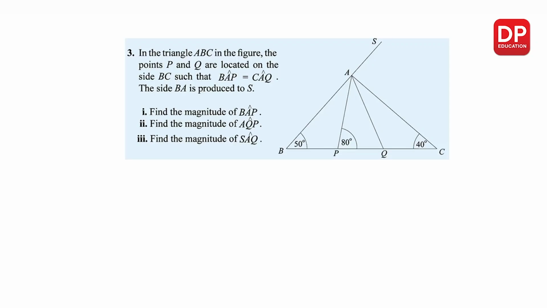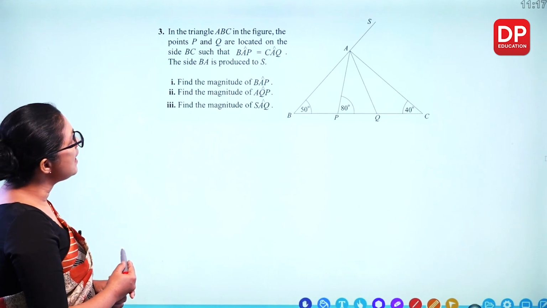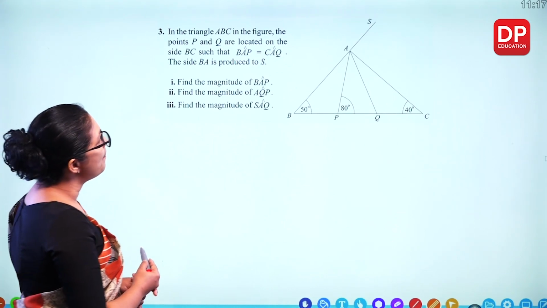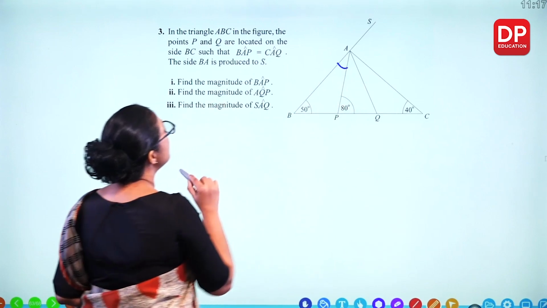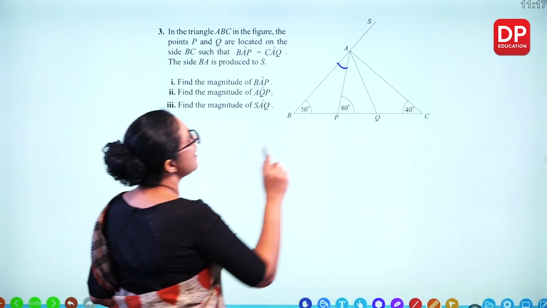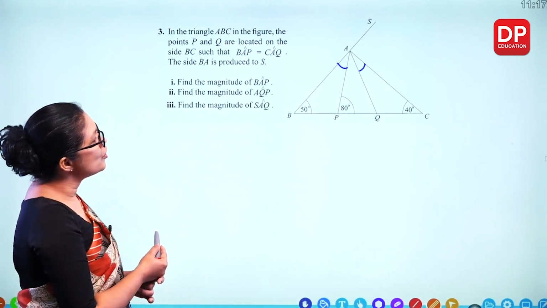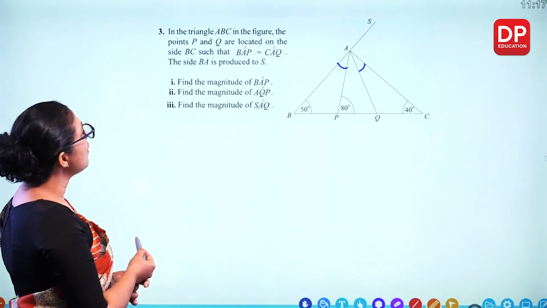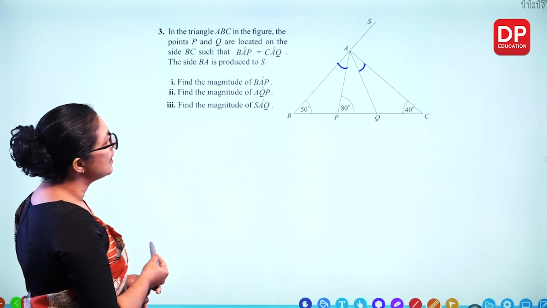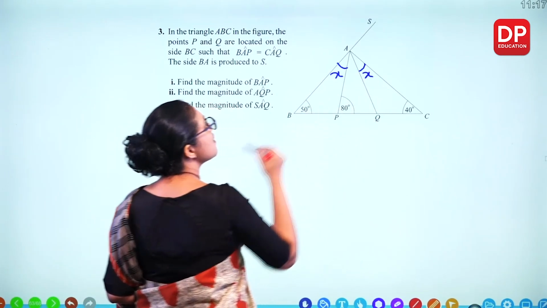Question number 3. In the triangle ABC in the figure, the points P and Q are located on the side BC such that angle BAP is equal to angle CAQ. The side BA is produced to S. Find the magnitude of BAP. So we need to find this angle. We'll put x for that. Then this becomes x.